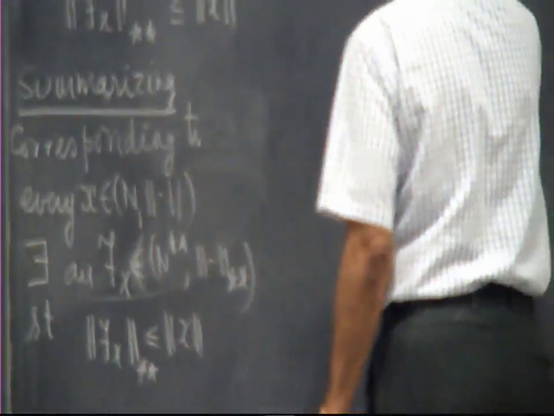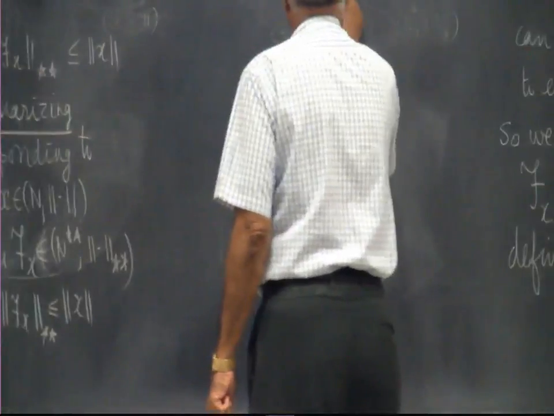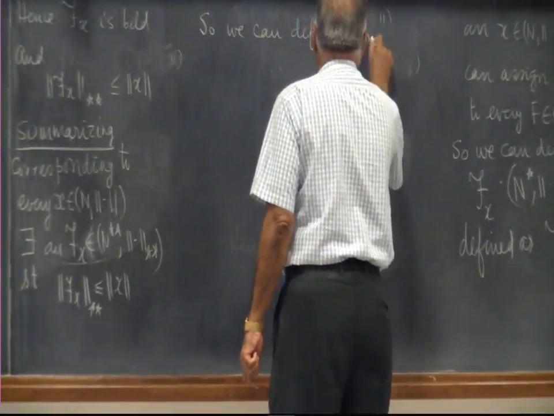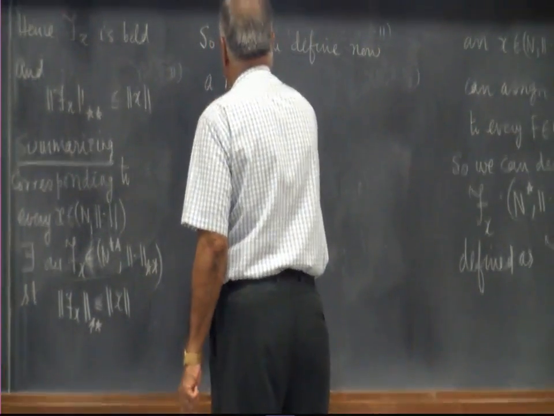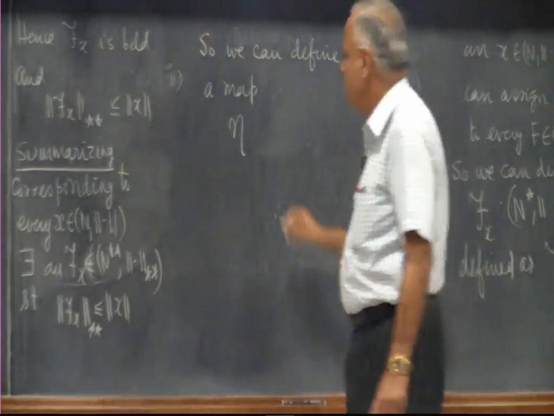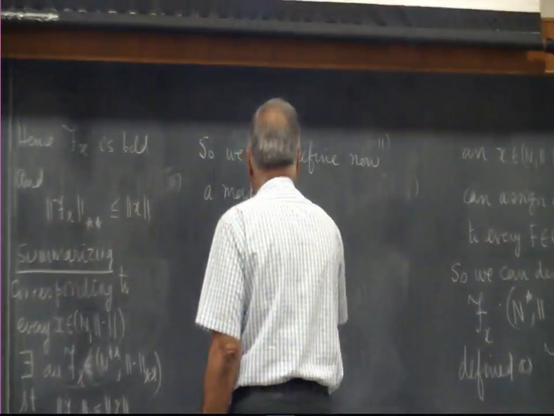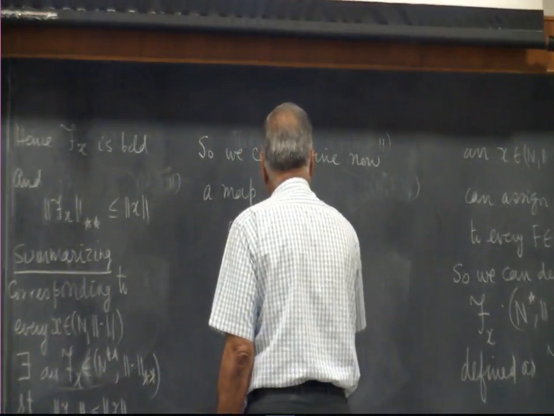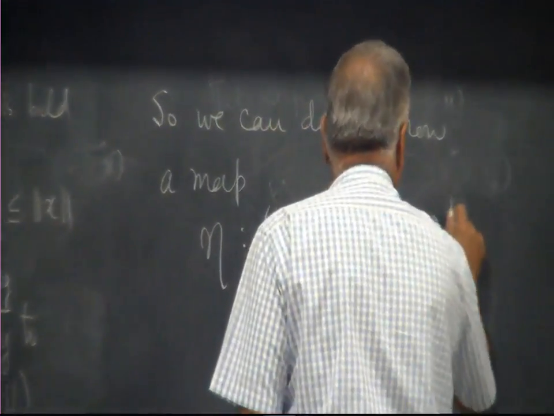So we can define now a map, which I will call script eta, from n, starting from n going to its shadow.